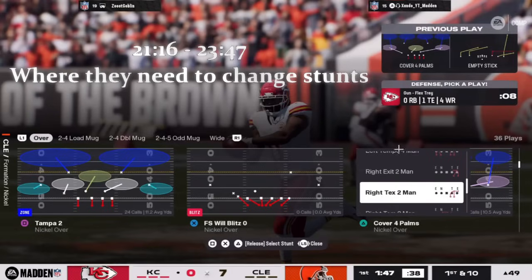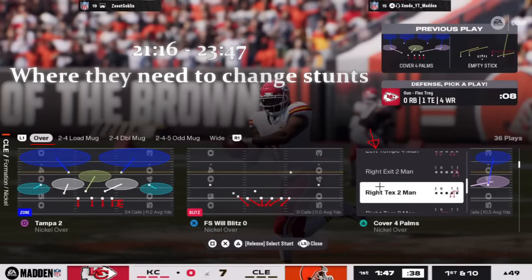Okay, so there's a lot of times where yes, this is good where pre-snap, before we come out in our formation, I can pick the stunt that I want to run. But sometimes, let's say I'm running this over front, and let's say the tight end lines up over here, and I have a stunt that I want to run to the weak side from this over front.